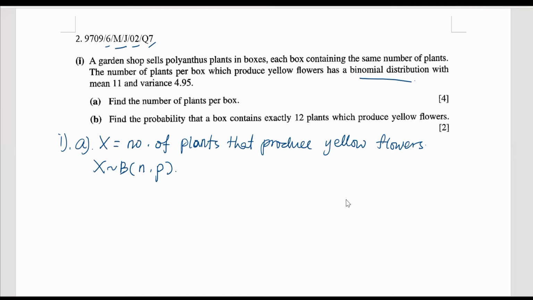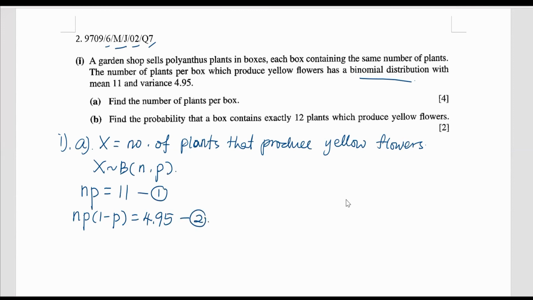Since this is a binomial distribution, the formula for the mean is np. Hence, np equals 11. That gives you the first equation. And the variance is np(1 minus p), which equals 4.95. And you get the second equation.